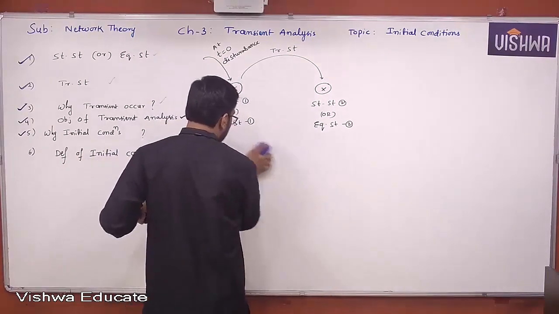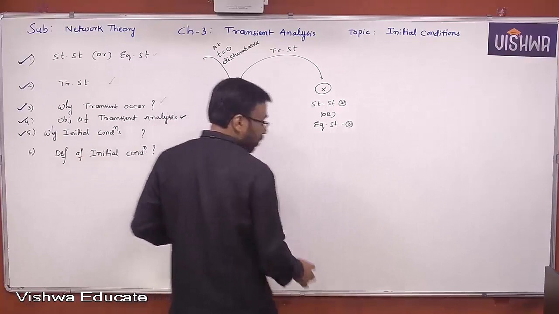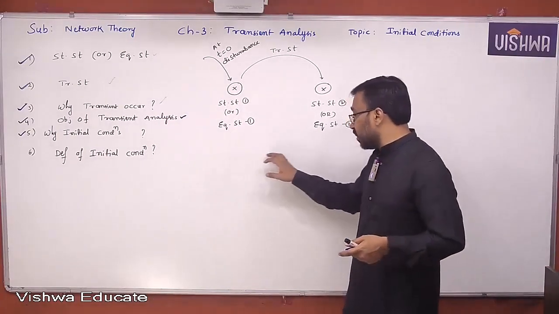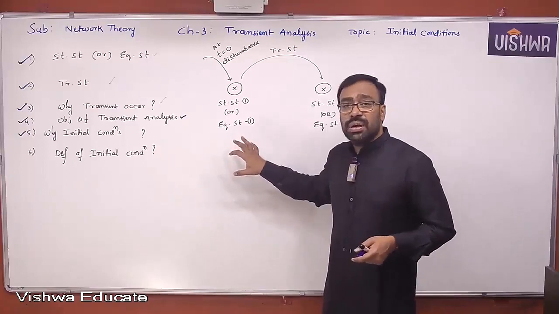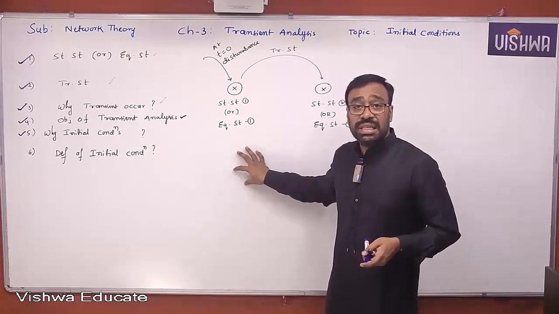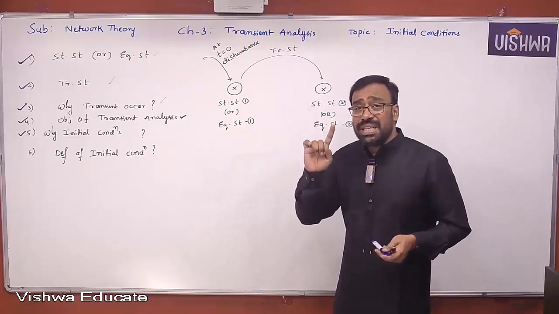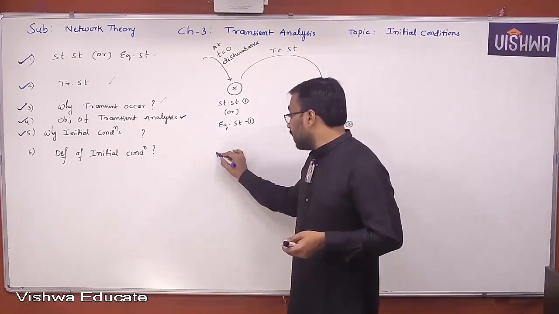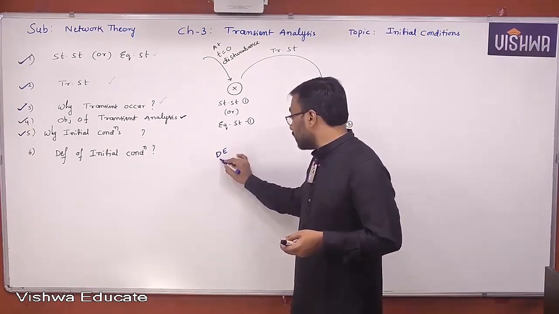Whenever you would like to understand the dynamic behavior, you understand how the response is changing with respect to time. That means you need a time response. Now, time response can be determined only when you have differential equations.